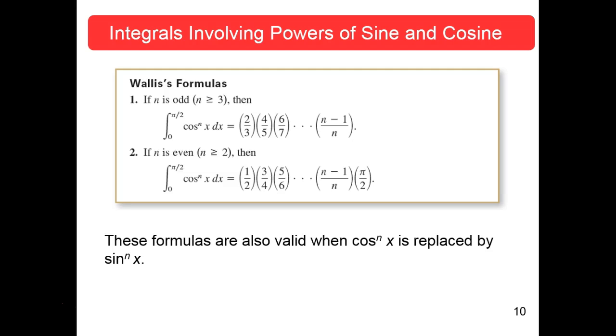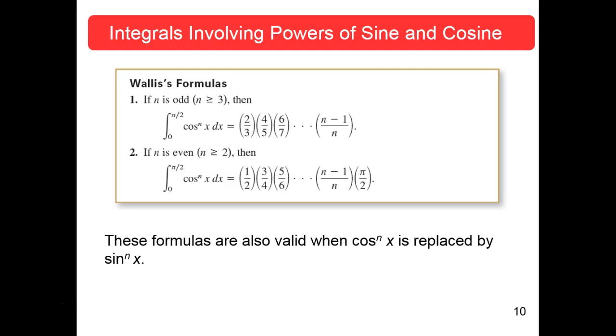If it had been 7, then 6 over 7. And you keep going and multiplying these factors together until you get to whatever your n is, say 15, 14 over 15. You're multiplying all these together.